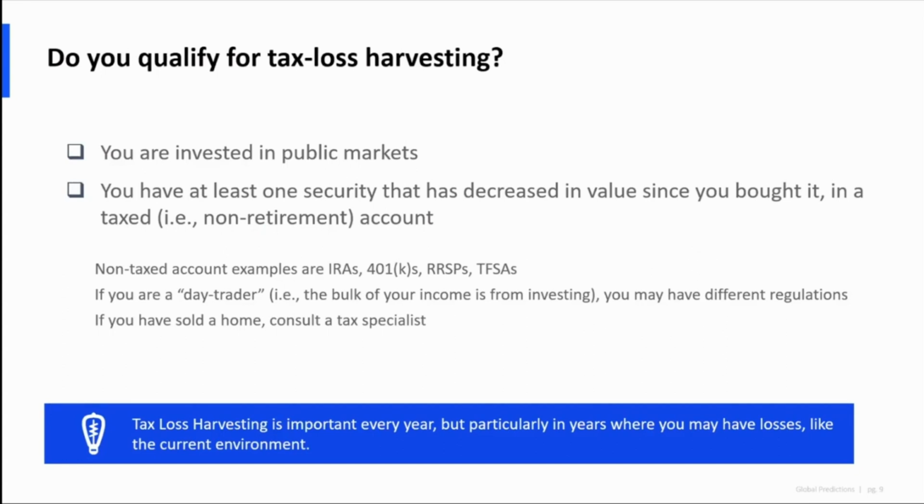So one thing off the bat is if all of your investments are in retirement accounts, like IRAs, 401ks, or for you Canadians, RRSPs and TFSAs, which is a bit of a mouthful to say at once, then you can't use those investments to harvest, and obviously you're not paying capital gains on those unless you do an early withdrawal or something. So for the time being, we're going to ignore those. If you do have those accounts, it becomes important for one nuanced reason, which I'll get to later, but I'll point that out. So the universe that we're talking about right now is just all of your taxed investments.